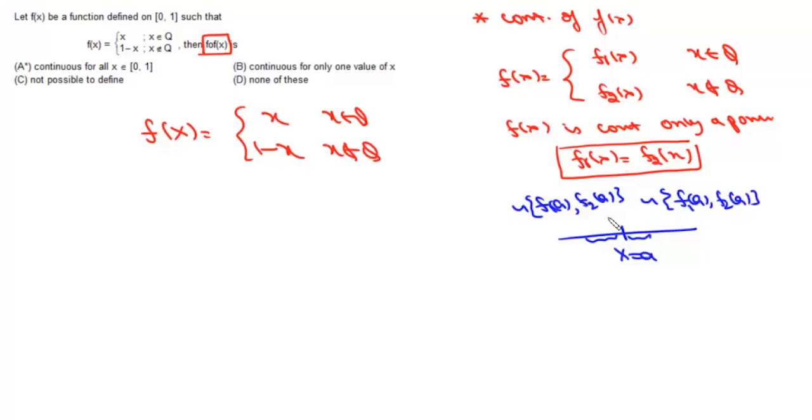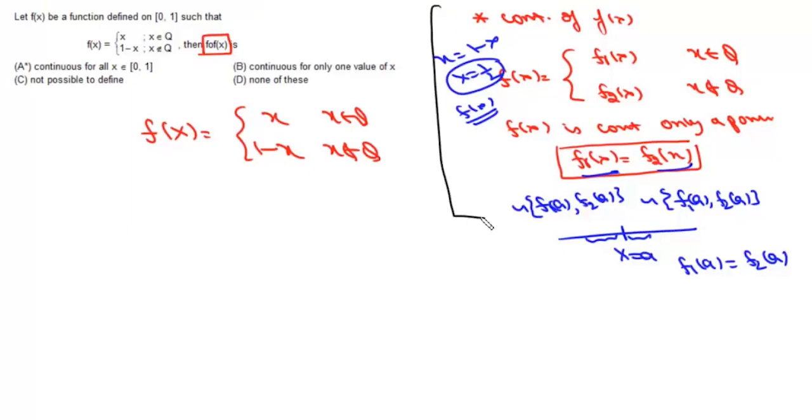So both the limits on the left hand side and the right hand side will be oscillating, and therefore this limit will not exist except for the cases when it is not oscillating, and it will not oscillate if both the values f1(a) and f2(a) are equal. So that means this function is continuous for only those values where f1(x) must be equal to f2(x). Now for this function, if we equate them, x equals 1 minus x, we'll get the value of x as 1 by 2. So f(x) is continuous only at 1 by 2, and at all other points this function will be a discontinuous function.